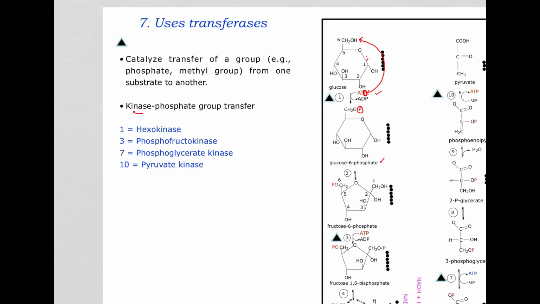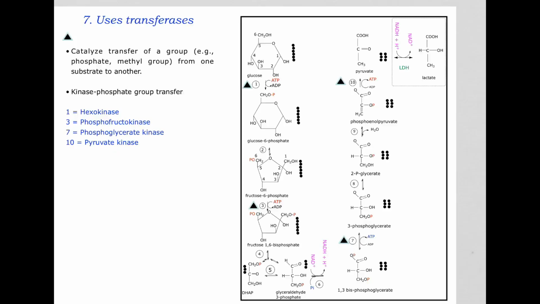The type of transferase that transfers a phosphate group from one substrate to another, we give it a special name: we call it a kinase. Whenever a phosphate group is the group being transferred, that transferase is called a kinase.